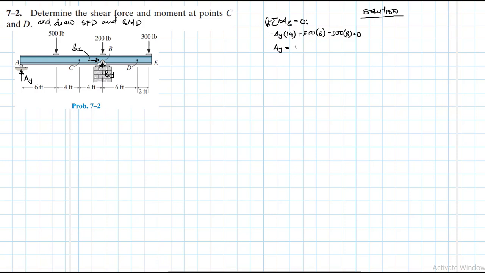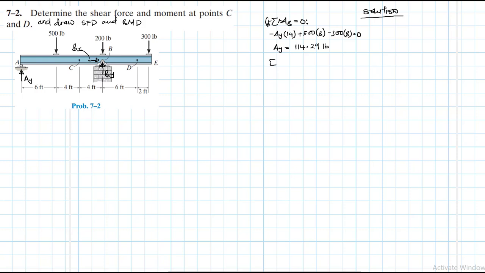AY is equal to 114.29 pounds if we round it off to 2 decimal places. Okay, we check it out again: 500 by 8 minus 300 by 8 divided by 14. Great, 114.29.